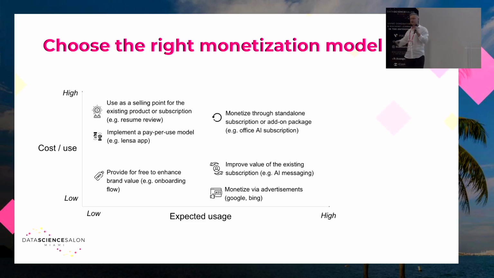Right, and when it's very expensive, and you can expect a lot of usage, then ideally you want to create a standalone subscription or a package that your customer can buy as an add-on. I know that, for example, Office is doing something like this.